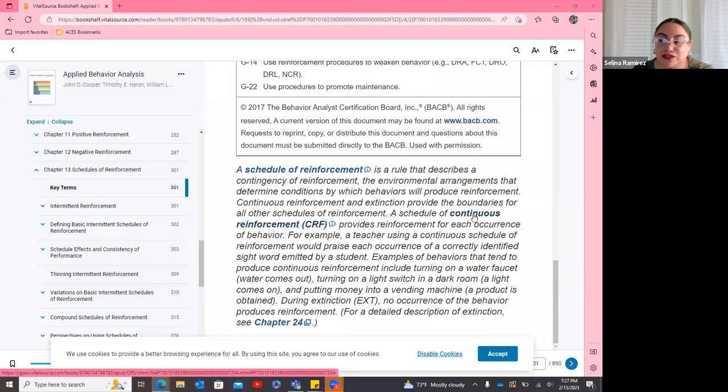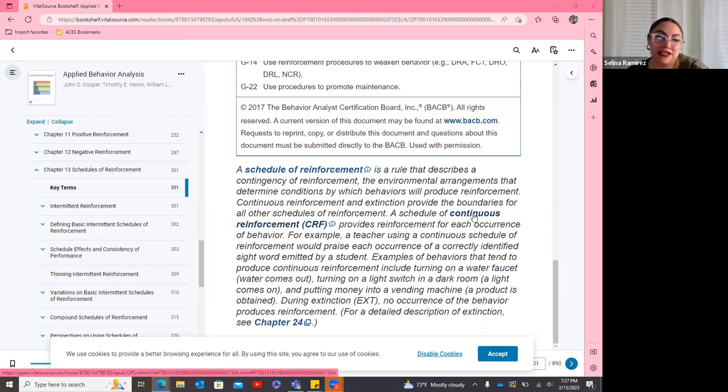So schedules of reinforcement are really important. You're the BCBA, you're the one that's going to determine the reinforcement schedule for your client. And we just want to make sure that everybody on the team is reinforcing them at the same frequency or requiring the same amount of work.